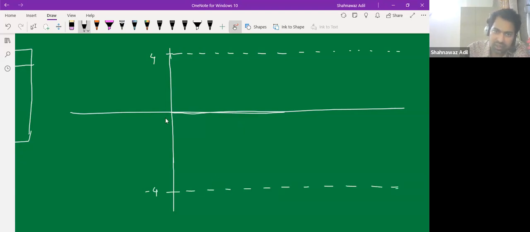This is 0. This is 90, which is pi by 2. Then this is 180, which is pi. Then this is 270, which is 3 pi by 2. And then this is 2 pi.